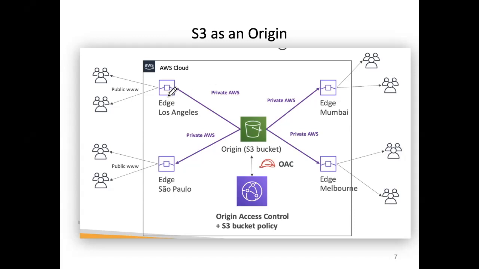Whenever a user geographically close to an edge location server makes a request for any particular file in our S3 bucket, the edge location server will download it. If it has never downloaded it before, it will cache it locally. That means if any subsequent users in the same geographical location want to access the same file, the latency is much quicker, because they're now getting it from a cached copy of the contents from the S3 bucket.